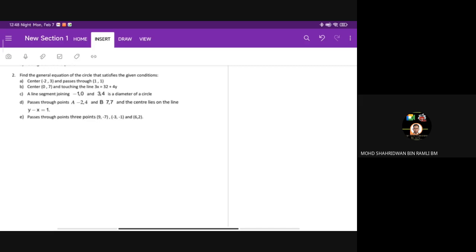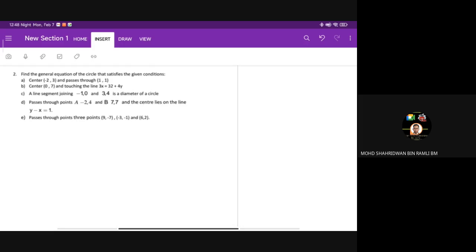Now we are going to proceed to our next learning objective. In this question, we focus on how to find a general or standard equation from a certain condition.